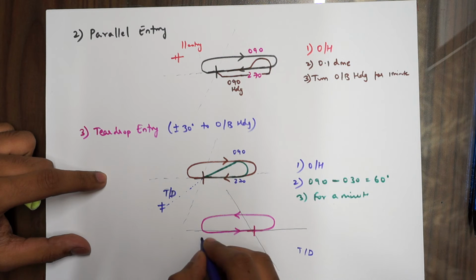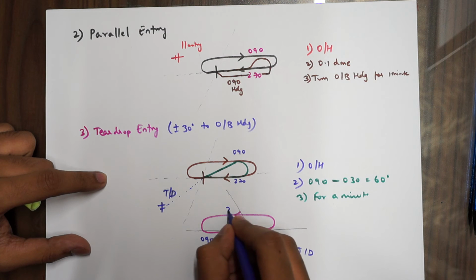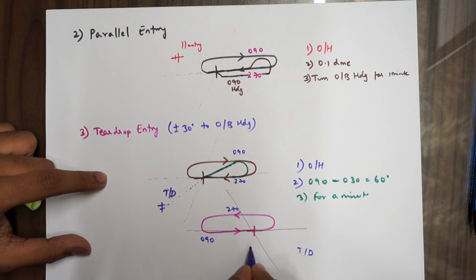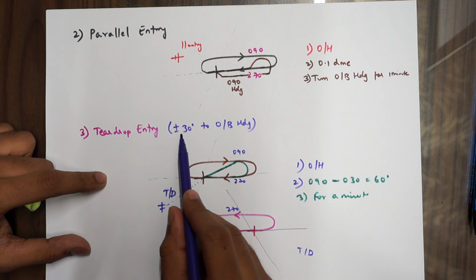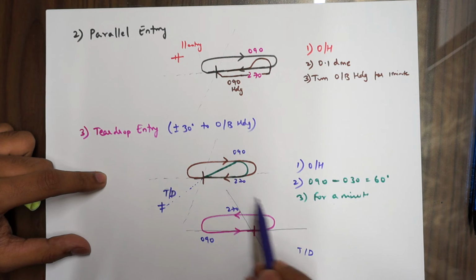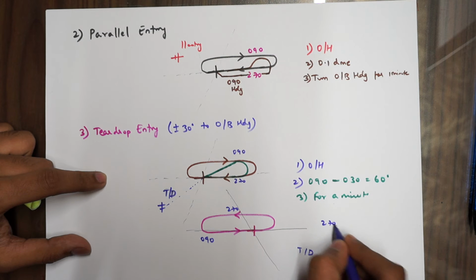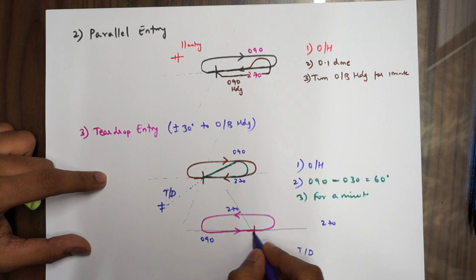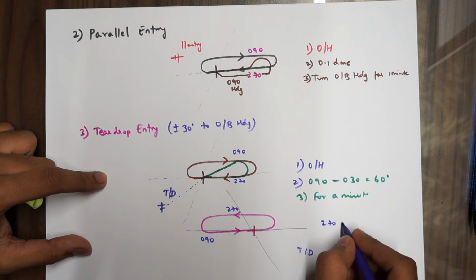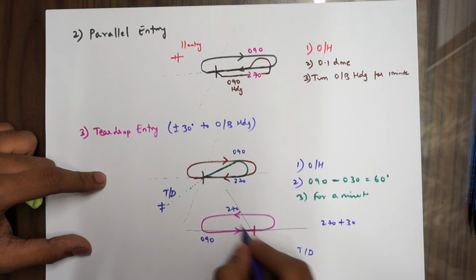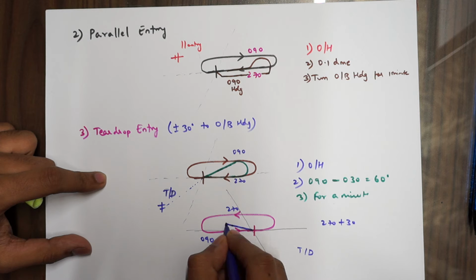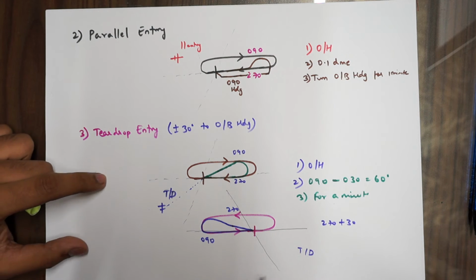So in this case your inbound course is this 270. Now if you see teardrop, outbound heading is 270, so you have to give a 30° plus or minus correction in the hold. Okay, now in the same position, if you subtract 270 minus 30, you'll be out of the hold, at 240. So to be in the hold, you have to add 270 plus 30, you will be around 300. You'll fly like this and make a left turn and join.